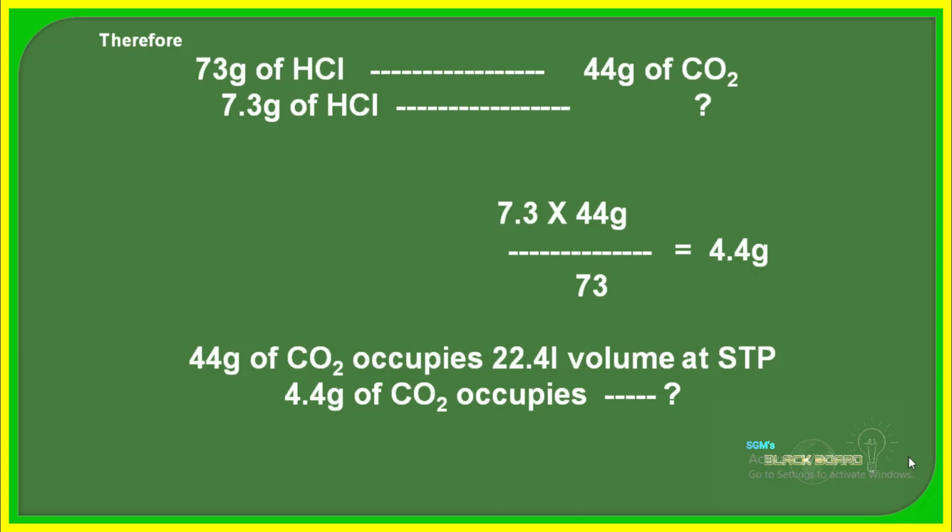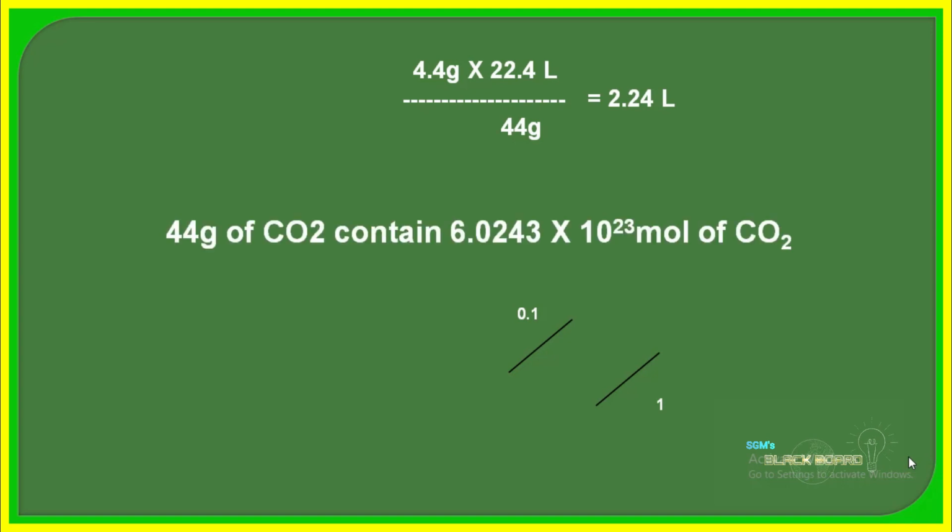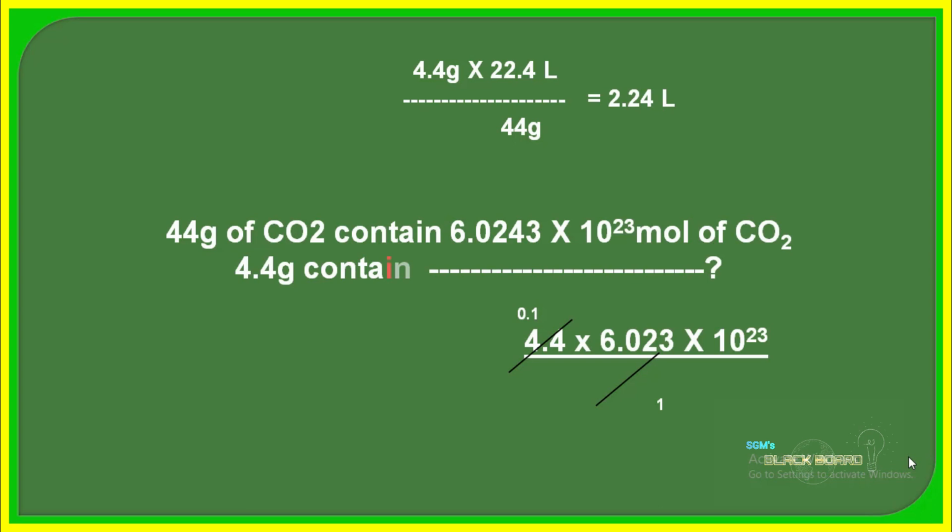44 grams of carbon dioxide occupies 22.4 liters of volume at STP. So 4.4 grams of carbon dioxide occupies how much volume? We need to calculate that now. 4.4 grams into 22.4 liters divided by 44 grams.